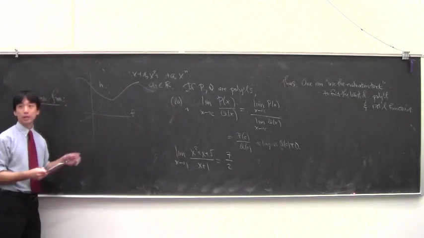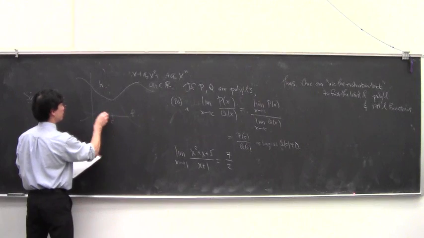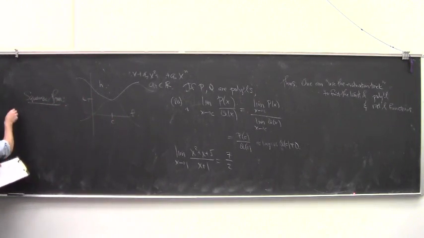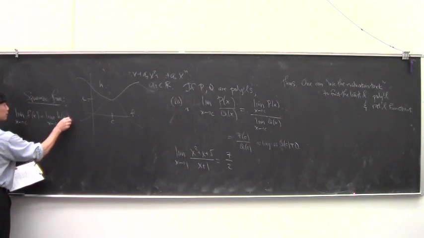F is the lower guy, h is the upper guy. And they have the same limit at c. The limit of f as x goes to c equals the limit of h as x goes to c.